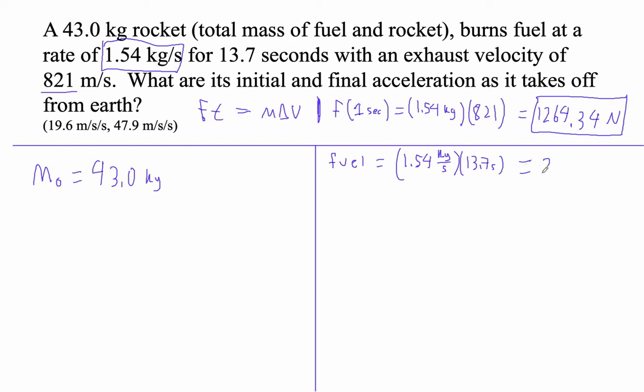Does that make sense? We really don't have a formula for that. So there's 21.098 kilograms of fuel. So the final mass is just 43 minus that 21.098. So 43 minus that is 21.902.